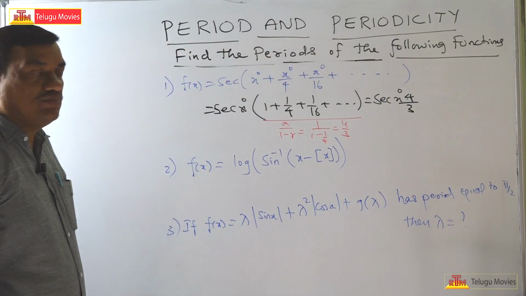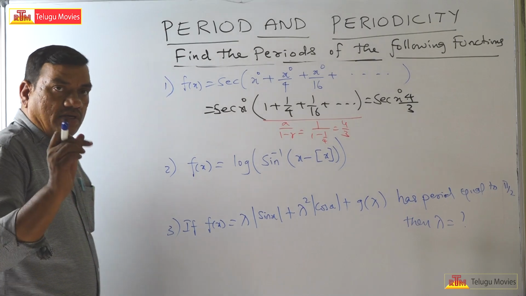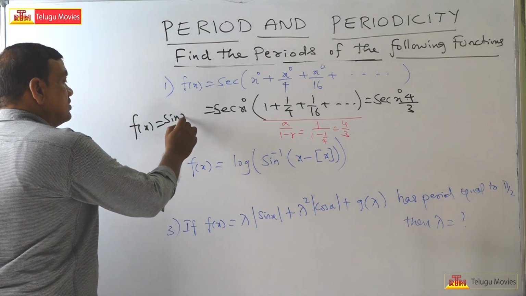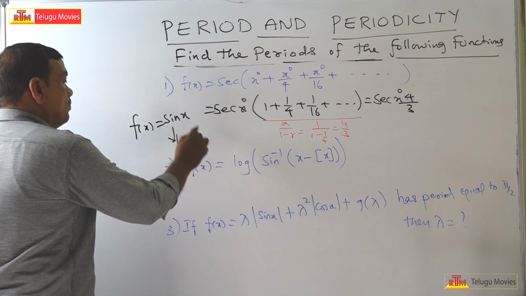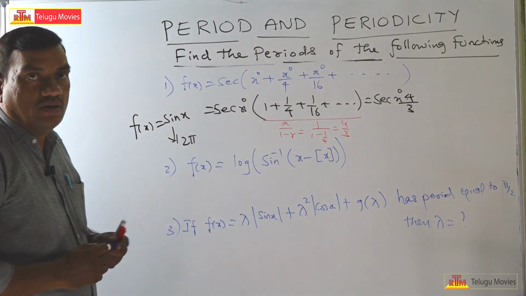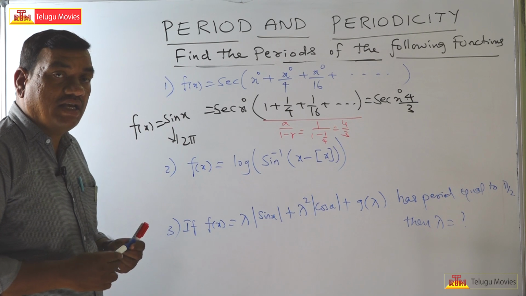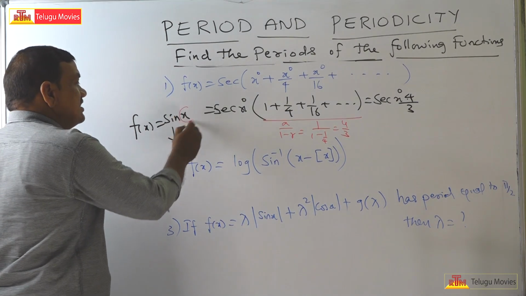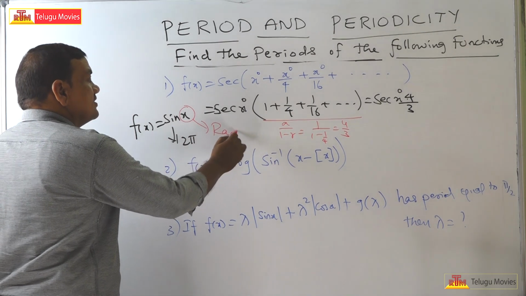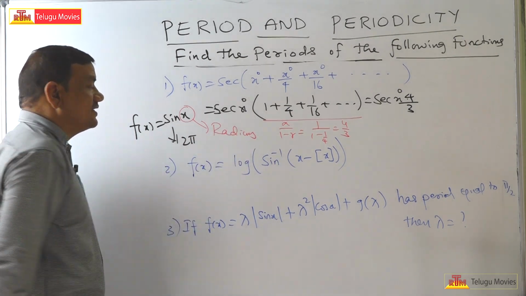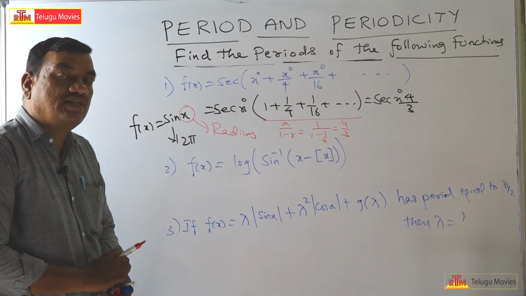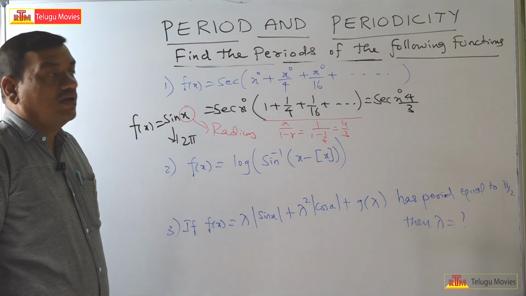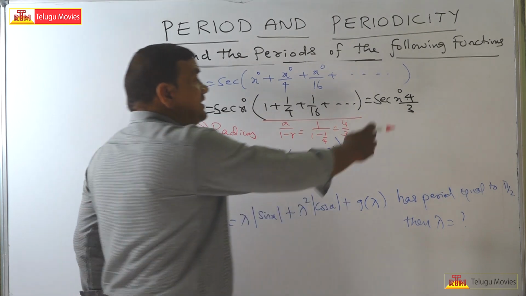Carefully observe here. For f of x equal to sin x, the period is 2 pi. Here x is measured in radians, not degrees. Here x degrees is there.